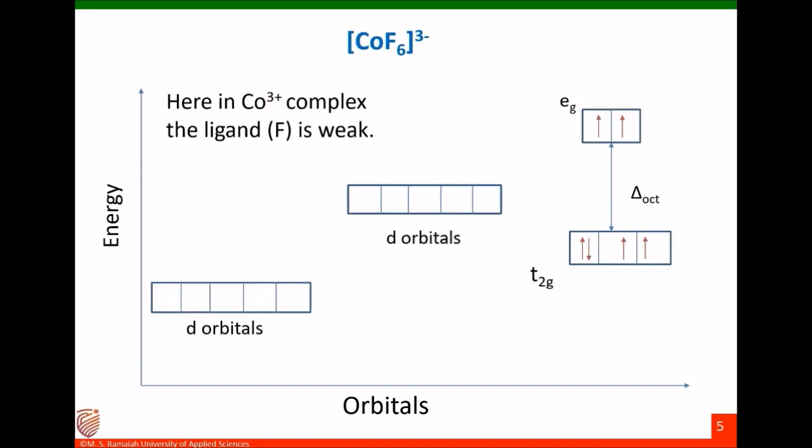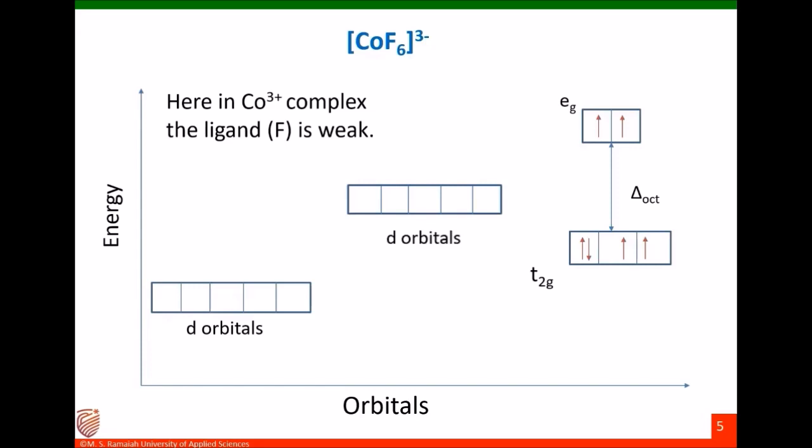So if the ligand is weak, the electron filling will not be through internal pairing, or the internal pairing will not occur. So what happens? Initially 1 electron each to the t2g orbitals, then eg will get 1 electron each. Then if any surplus electrons are there, they will be filled based on the Aufbau principle.